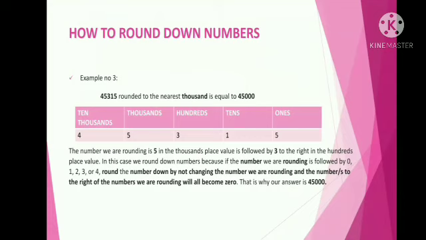So 5 will remain as 5, and the numbers to the right of the number we are rounding will all become 0. 3, 1, and 5 will all become 0. That is why our final answer is 45,000.